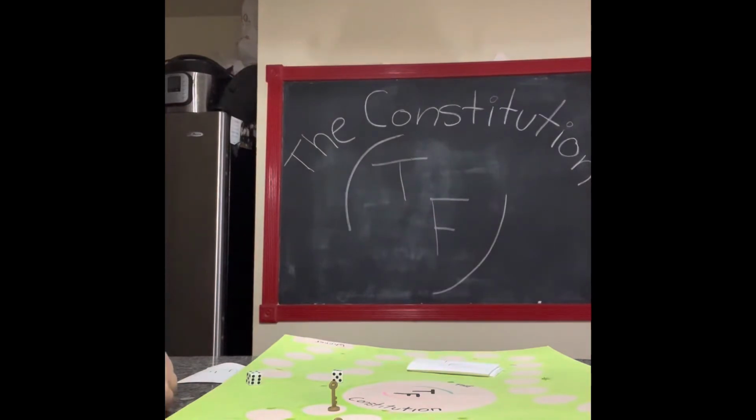The First Amendment of the Constitution is the right to free speech, freedom of the press, and opposition to the government. That's true. Okay, so now you move your spaces.